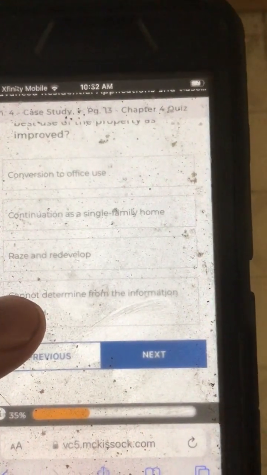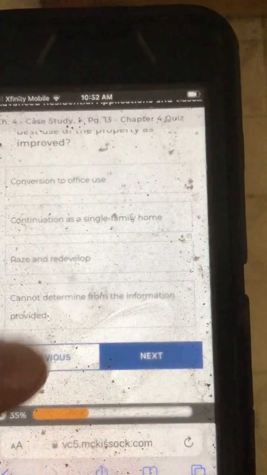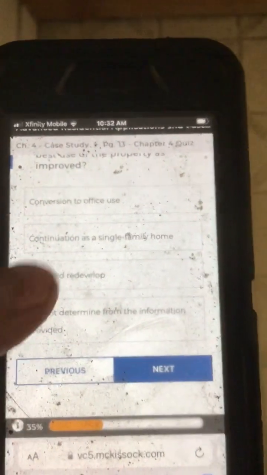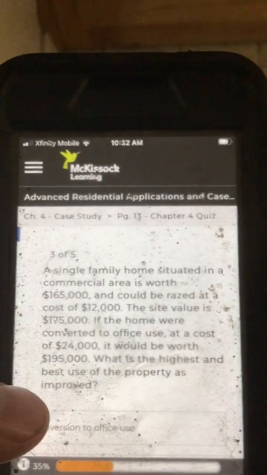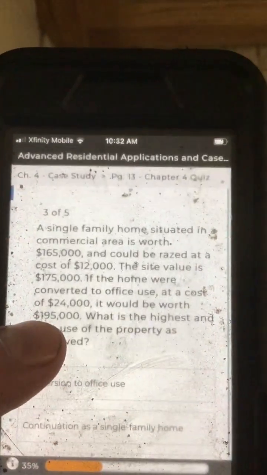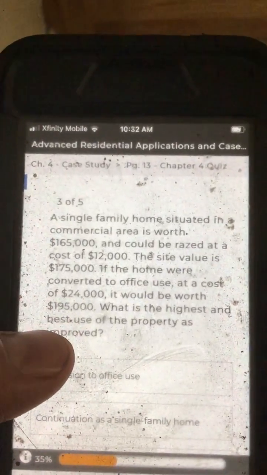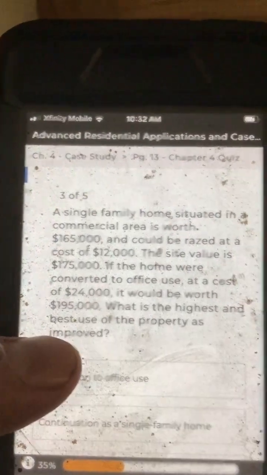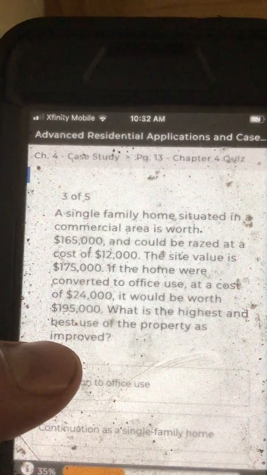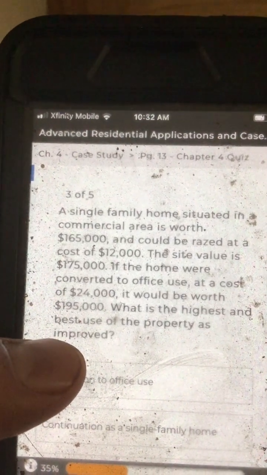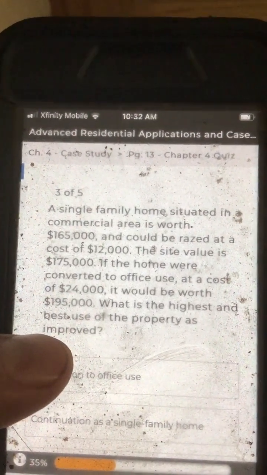B. Continuation as a single-family home. C. Raise and redevelop. Or D. Cannot determine from the information provided. $153,000, okay?